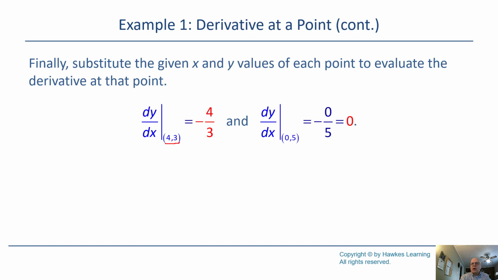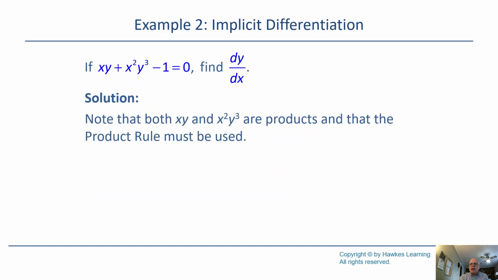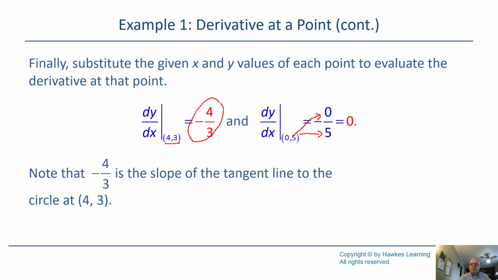So put the 4 in where the x was, the y in where the y was, and there's your derivative. Same thing over here. Put the points in for the x's and y's. And there's the slope of the tangent line for the circle at (4, 3). And we already have the slope of 0. Okay.